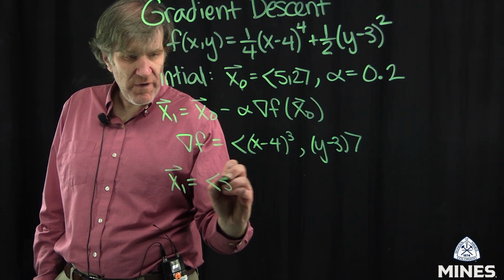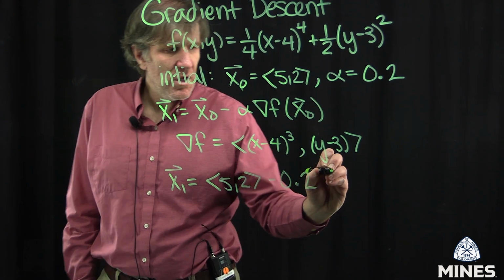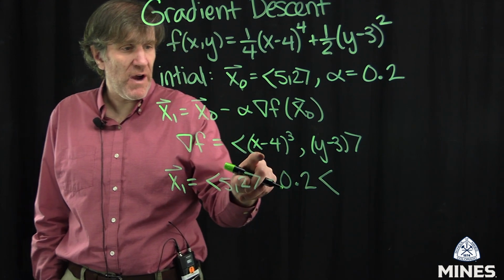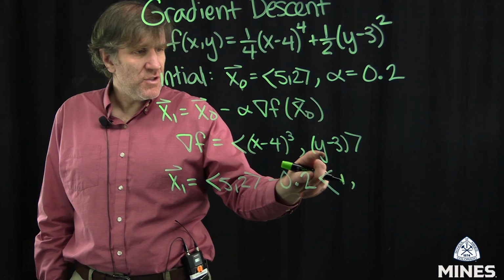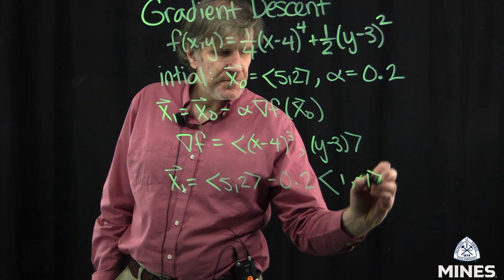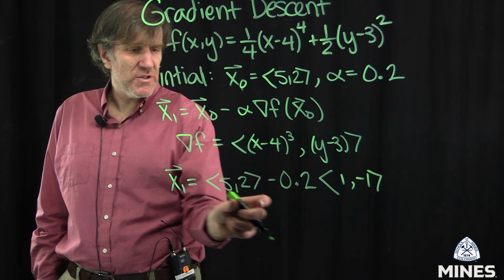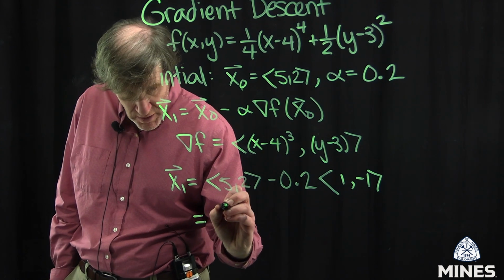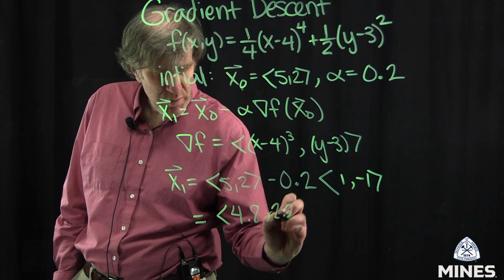We have 5, 2 minus 0.2 times the gradient at 5, 2. So if I plug in a 5 for x here, I have 1 cubed, which is 1. And a 2 for y, I have negative 1. So multiply this vector by 0.2 and subtract it from this vector, and our x1 vector comes out to be 4.8, 2.2.